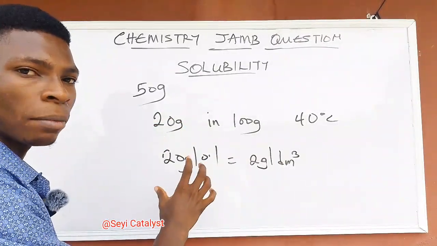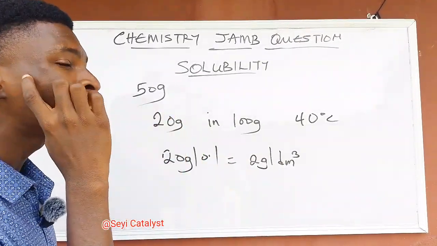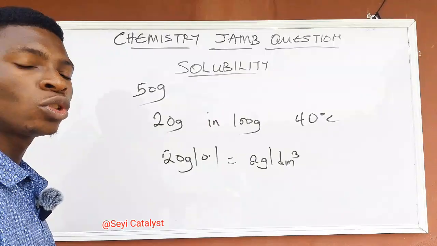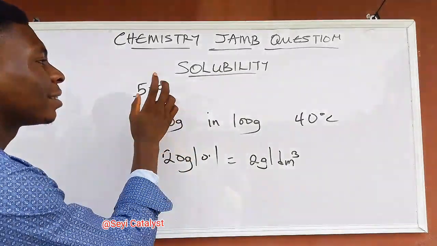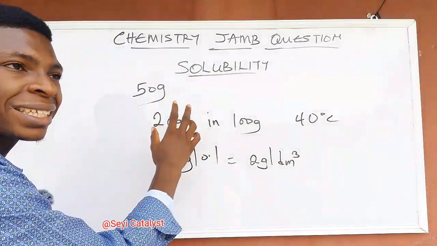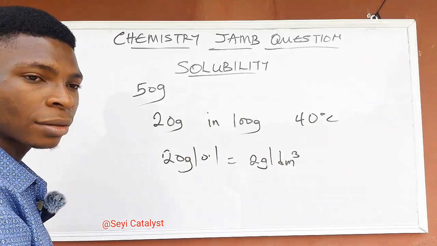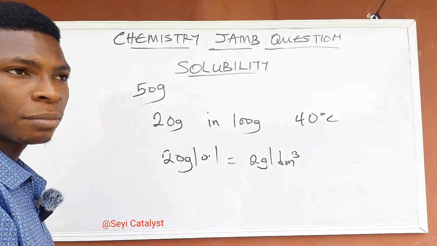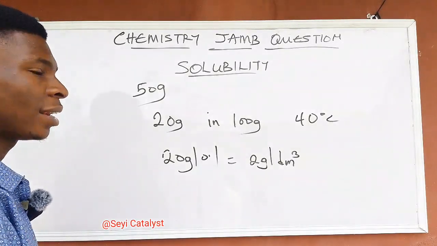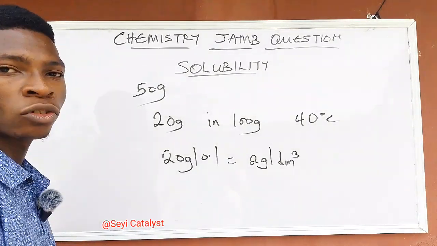They will dissolve 20 gram out of it. The remaining 30, the excess 30, will remain as crystal. They will not dissolve. You see them at the bottom of that bucket. They will precipitate. That's the word. They will precipitate at the bottom of that water.